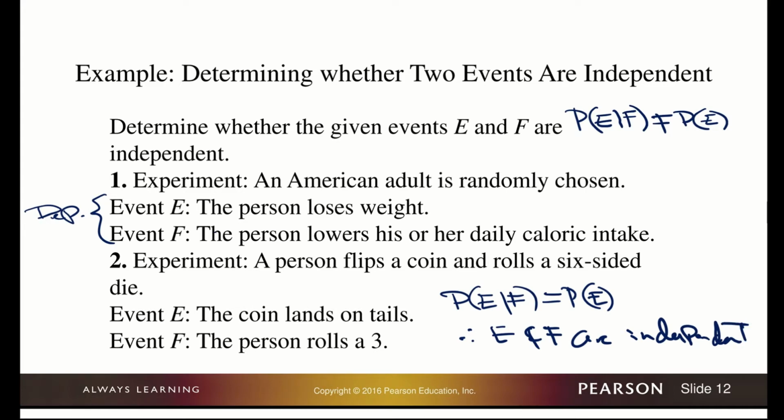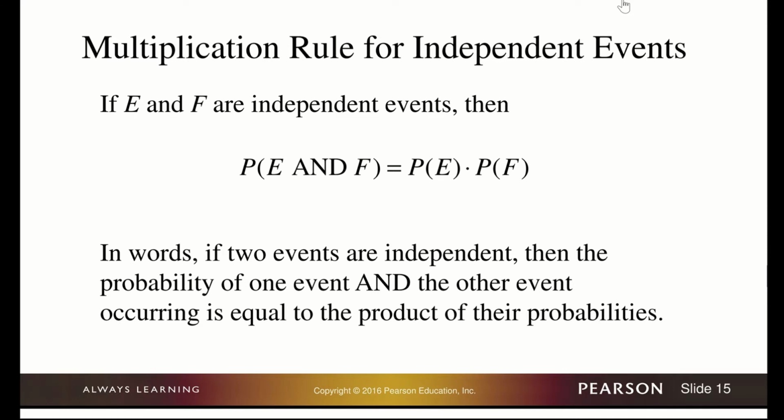Okay. Again, very nice, simple concepts, but also very important to understand. So here we have a very important, again simple, rule. We want to know the multiplication rule for independent events. If E and F are independent events, then the probability of E and F, remember, this is the first time we're actually considering this "and" statement on its own, other than the cases where we had the two-way tables and we looked at the intersection of the rows and the columns.